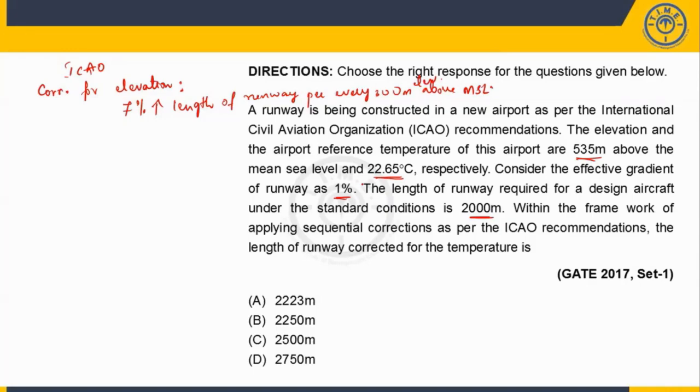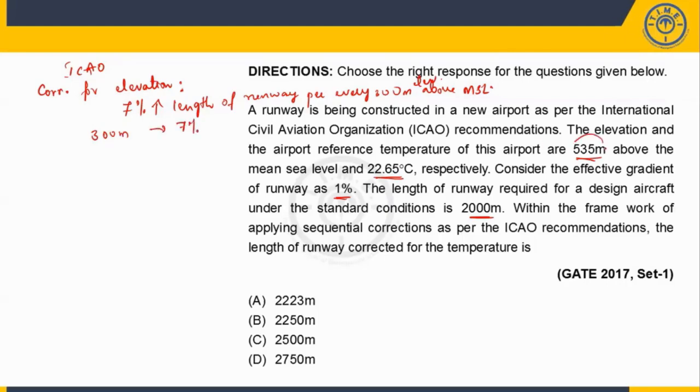For every 300 meter elevation above the mean sea level, you need to increase the length by 7%.